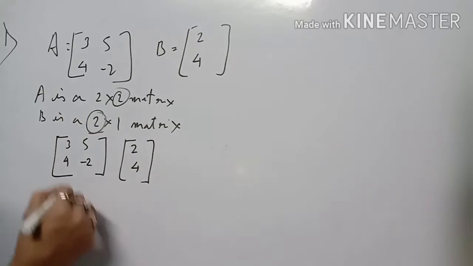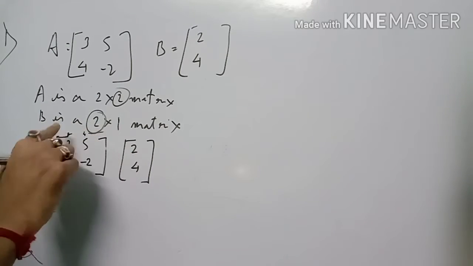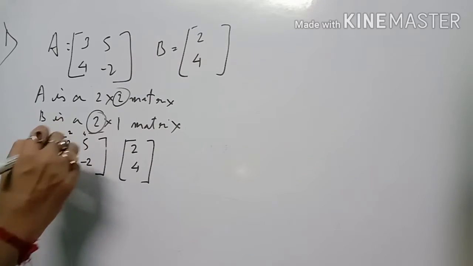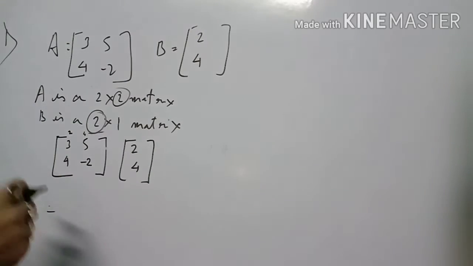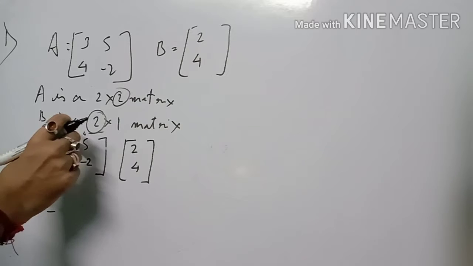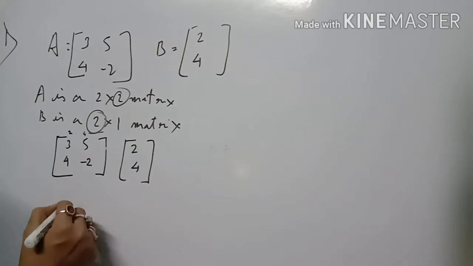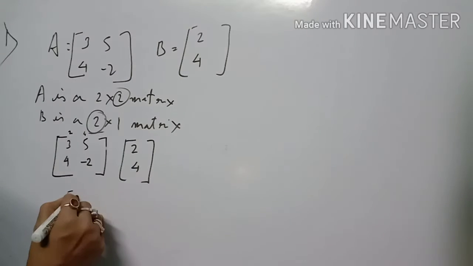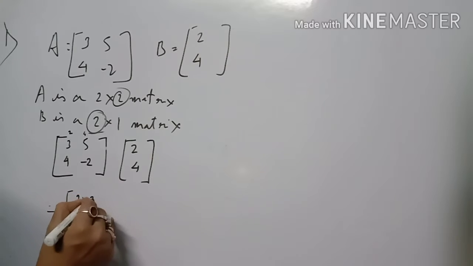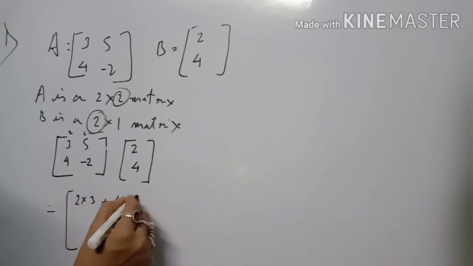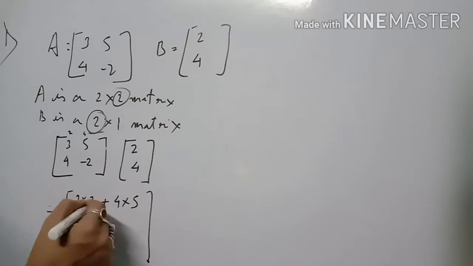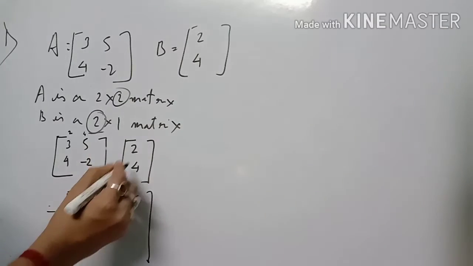Two 4: 2 is going to multiply 4 and 5 is going to multiply 4. 2 is going to multiply 3 and 4 is going to multiply 5. We need to sum them up.